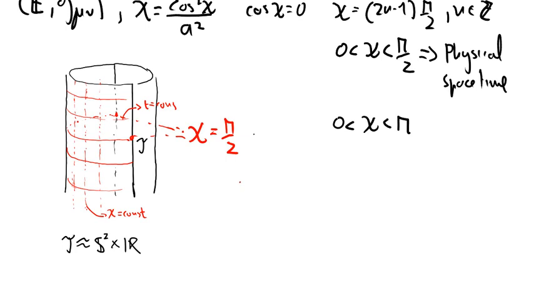In that case, if we add the missing dimensions, we easily realize that the topology of the conformal boundary is S2 cross R, which corresponds to this vertical line. In this vertical line, each point has the topology of S2.